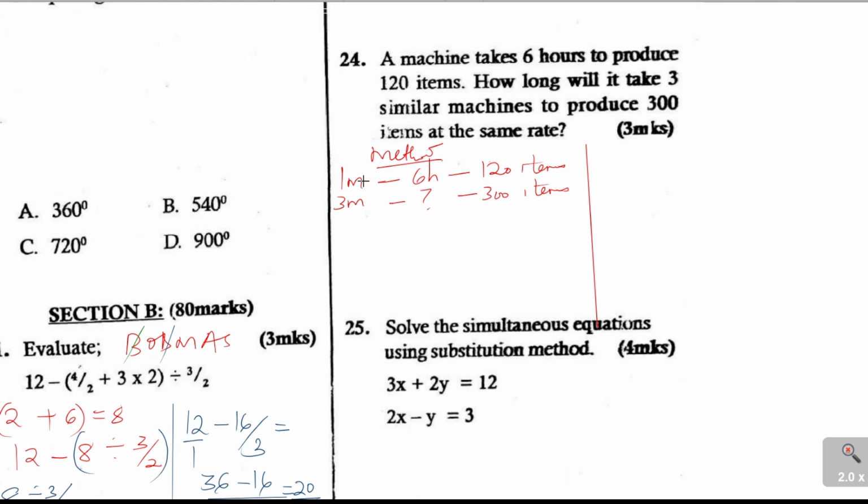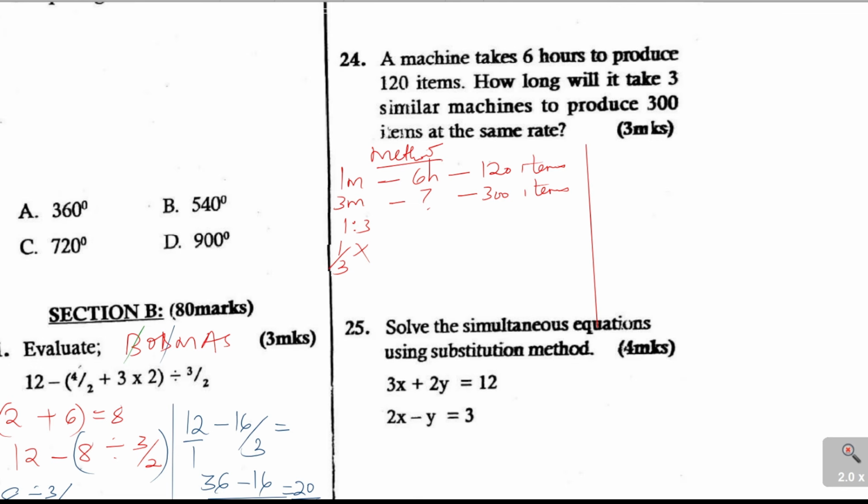If one machine takes 6 hours to produce these items, what about 3 machines? Of course, because the machines have increased, we expect the number of hours to reduce. So the number of hours is going to reduce in the ratio 1:3, which we write as 1 divided by 3.